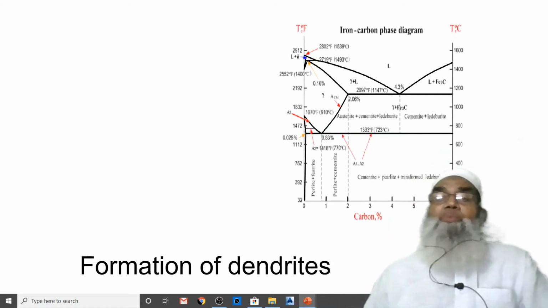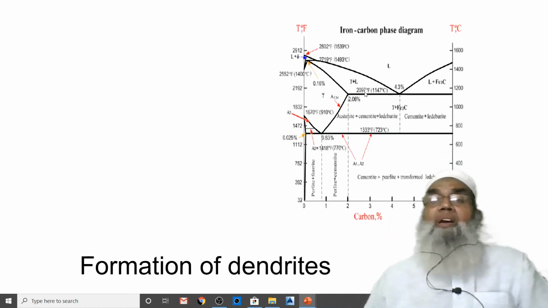Now, we know this particular iron-carbon phase diagram. Therefore, at this particular point, the solidification of a particular composition takes place. The composition is over here.